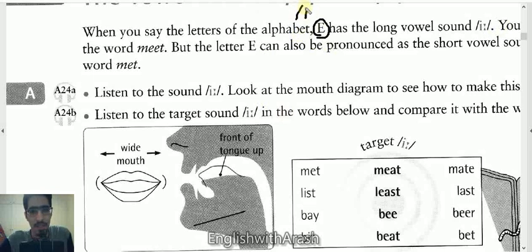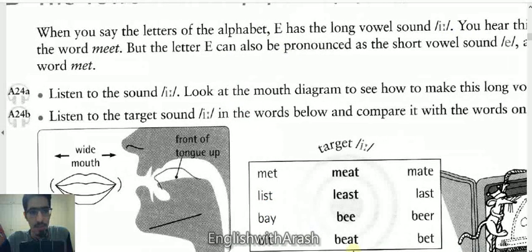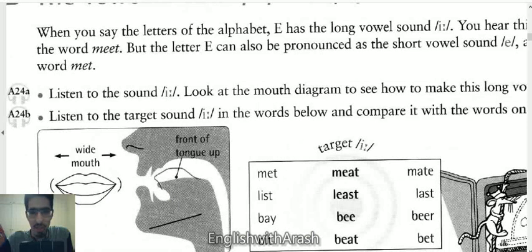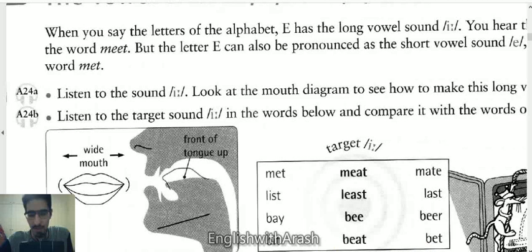So it's like this in the dictionary, right? And then when you say another one, it says the vowel is E. You hear this sound in the word meat, but the letter E can also be pronounced as the short vowel E, as in the word met.